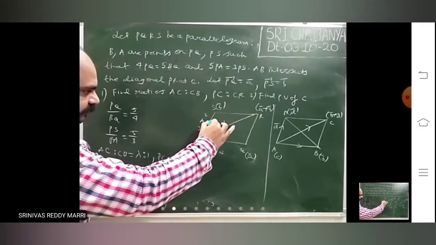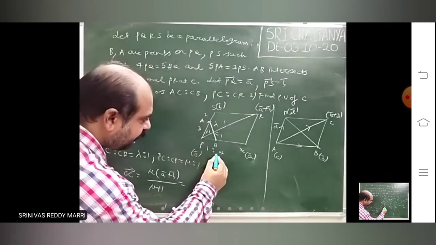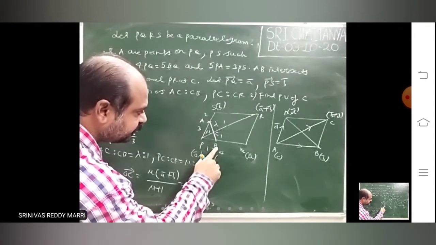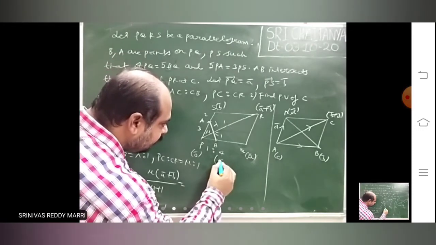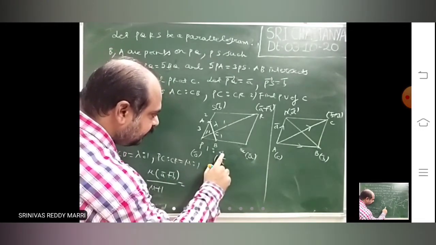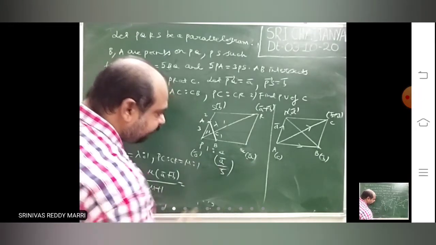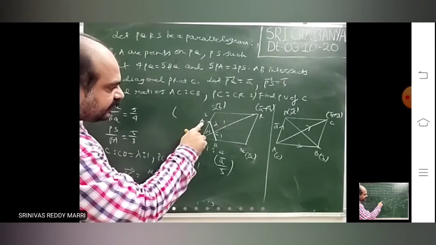From this you can write again. Look at point B, I have to write first. The position vector of B, 1 is to 4 means 1 into A bar plus 4 into 0 bar divided by 5. Then point A you write.